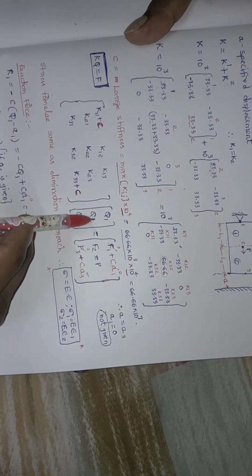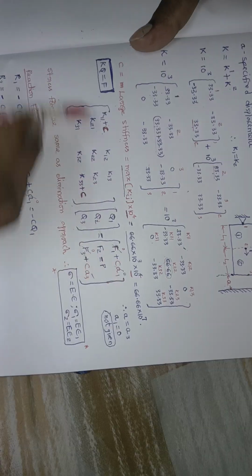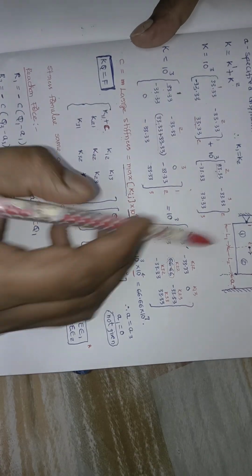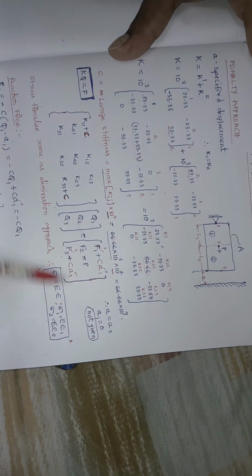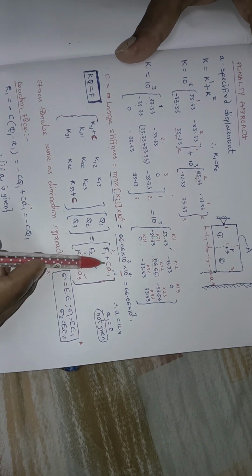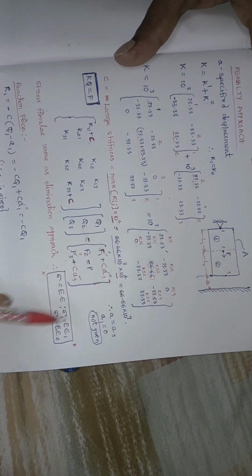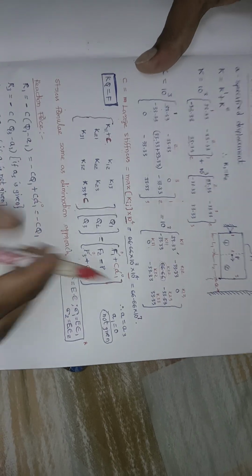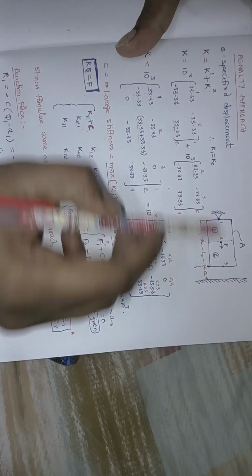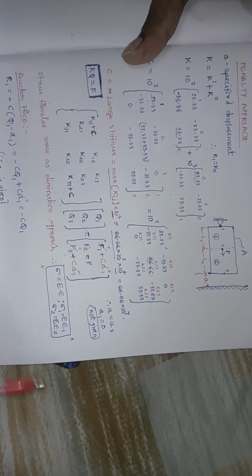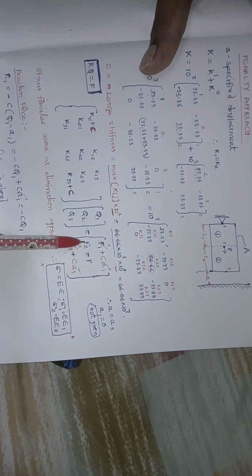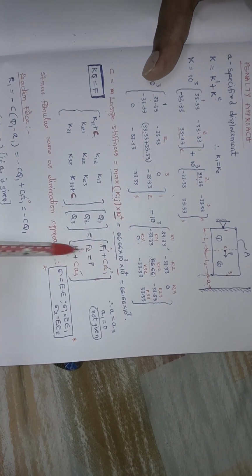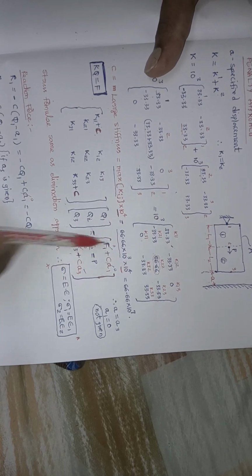Then Q1 Q2 Q3, K Q equals F, with F1 F2 F3. Here also at the starting and ending fixed supports, so plus CA1 and plus CA3. This is a new formula, CA1 CA3. If you observe this figure, 1 and 3 are the fixed supports. F1 and F3 are not given any loads, so 0 loads.